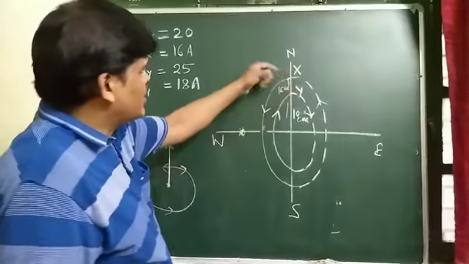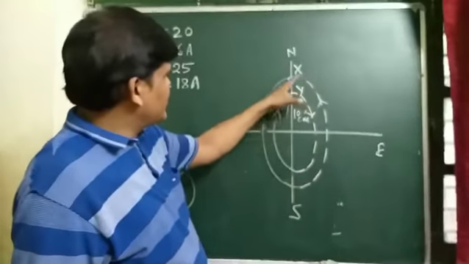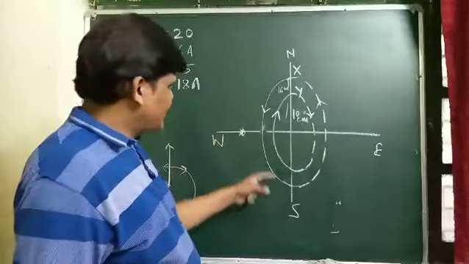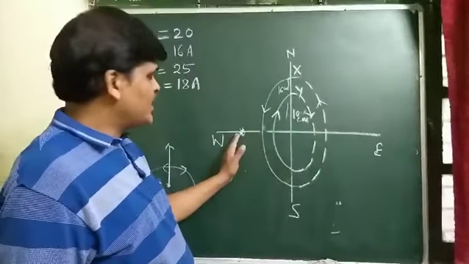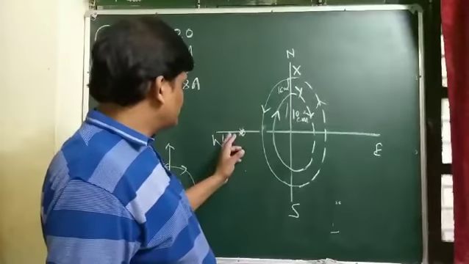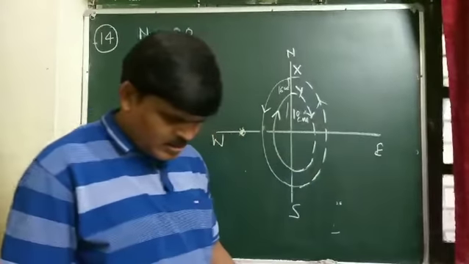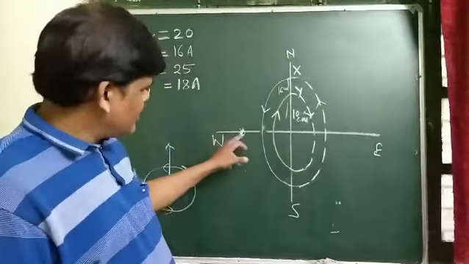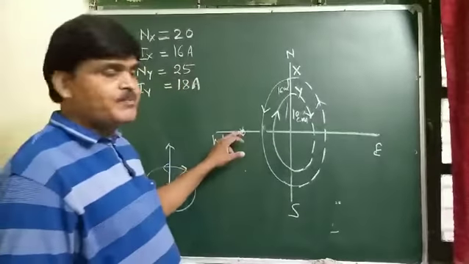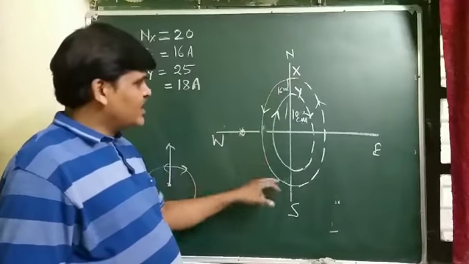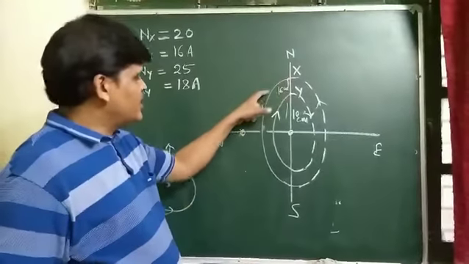But here circular coils X and Y are in a vertical plane, current is flowing in X in anti-clockwise direction and in Y in clockwise direction, and the observer is facing west. So from this place, what is the direction of magnetic field at O due to current flowing in circular coil X?